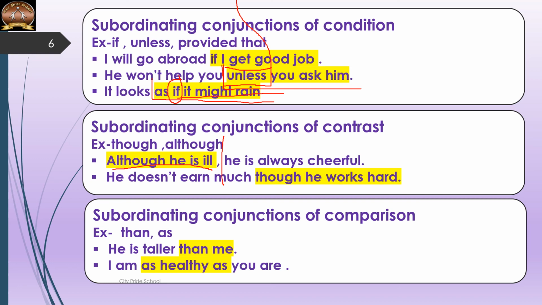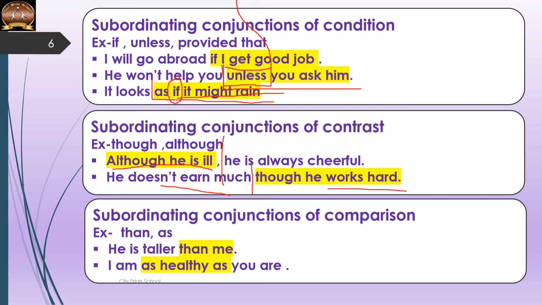He doesn't earn much though he works hard. Now, people who work hard are known to earn very well, right? But in spite of working hard, the person is not able to earn much. So this is a contrasting situation. Subordinating conjunctions of comparison: than and as.